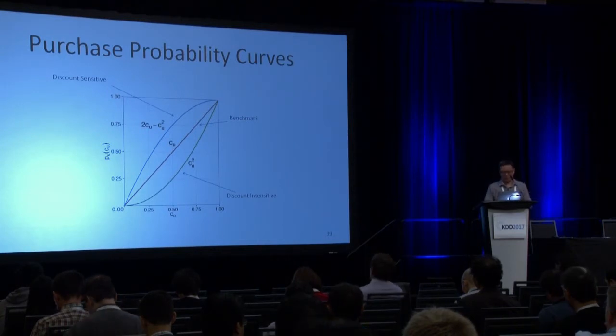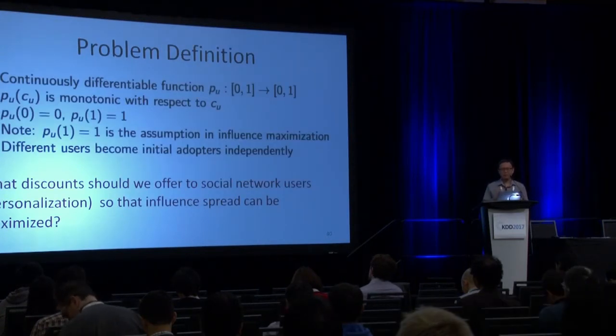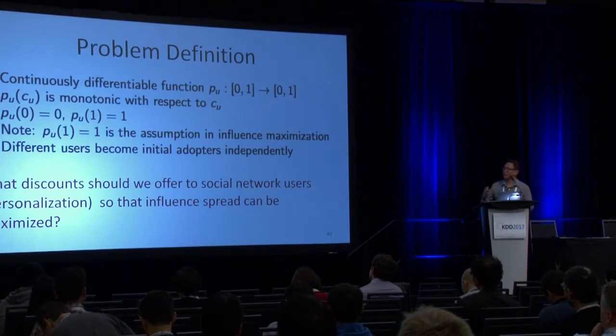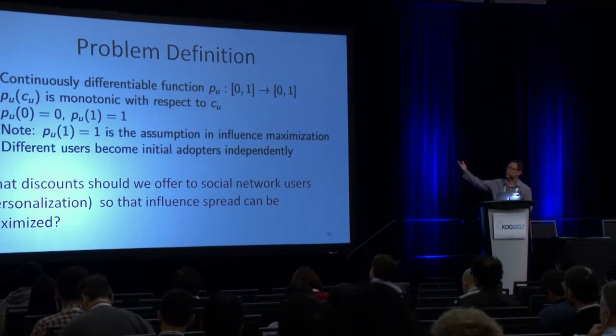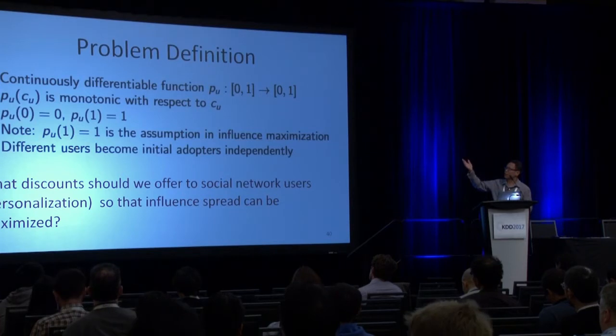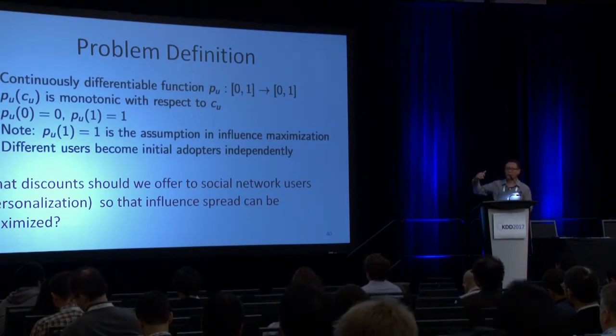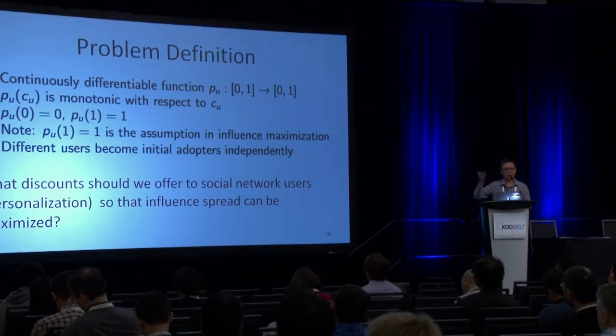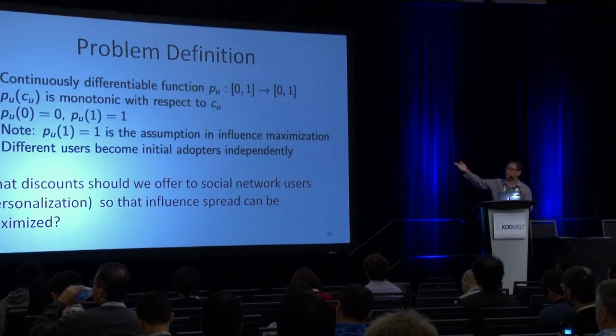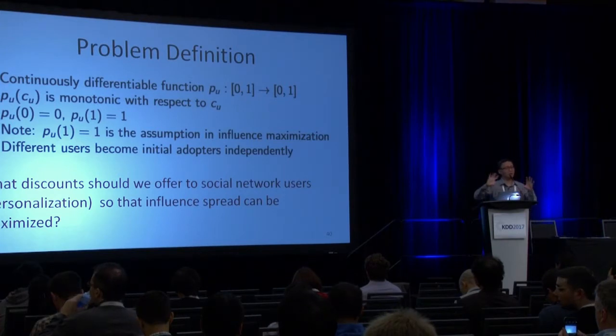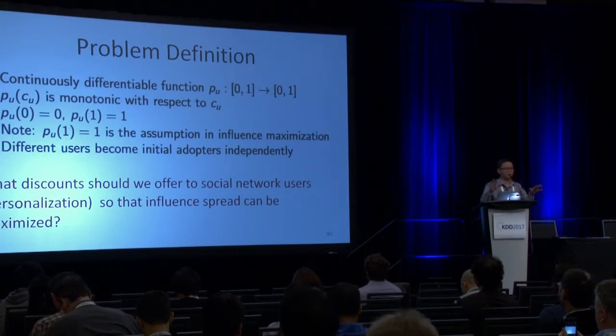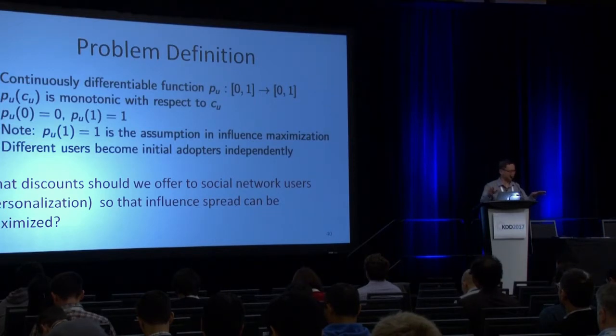So the technical problem is that we know a continuously differentiable function that can model the user's purchase probability. And of course, we assume this probability is monotonic. In reality, it doesn't have to be monotonic, but for the sake of simplicity, let's assume that.